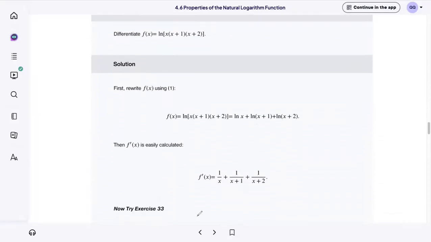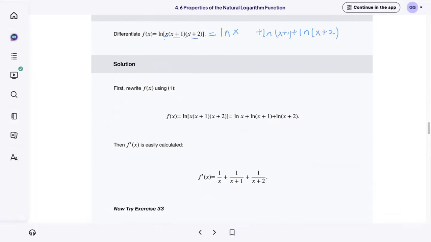Okay, this one we want to differentiate. We have one product, another product, another, so we have 3 products. What do we do? First we want to split this function. Remember, a log of a product we can split into addition of 3 logs: ln x plus ln(x plus 1) plus ln(x plus 2).